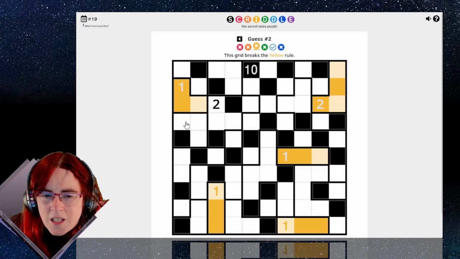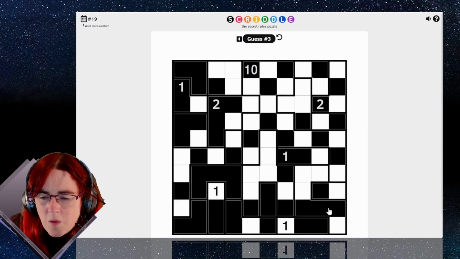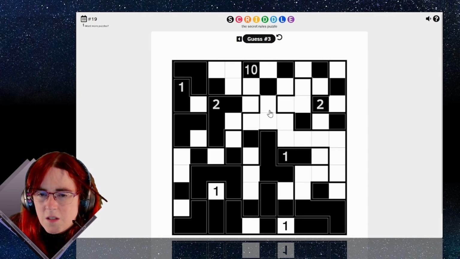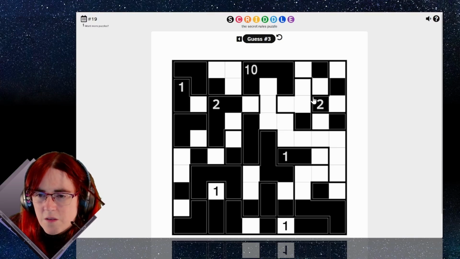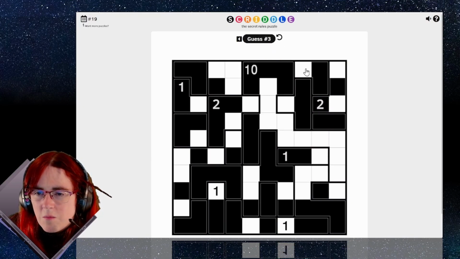In fact, can we try that? Can we just deliberately change these? 1, 2, 3, 4, 5. Doing some other stuff around there, but which ones were they? Yeah, the 2 was broken as well.